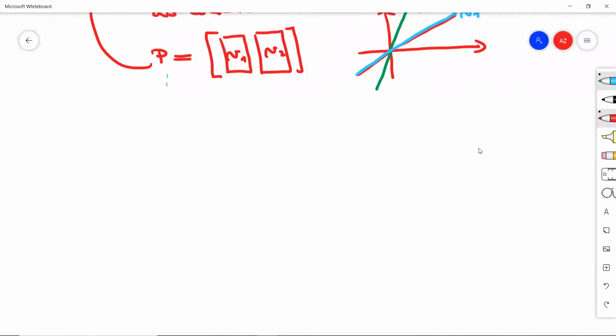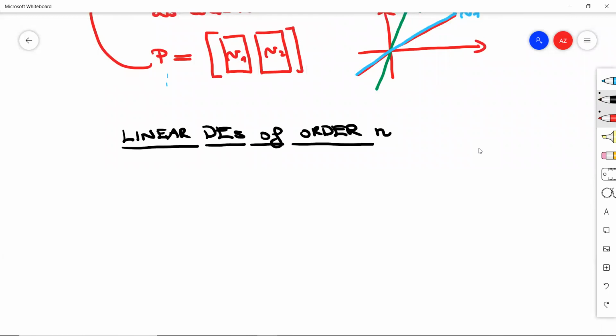So, linear DEs of order n. This is a linear differential equation with derivatives up to order n present.